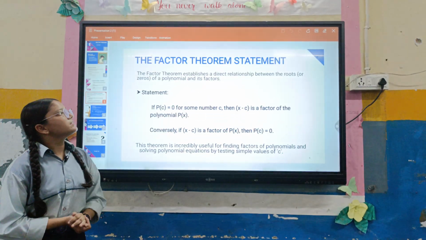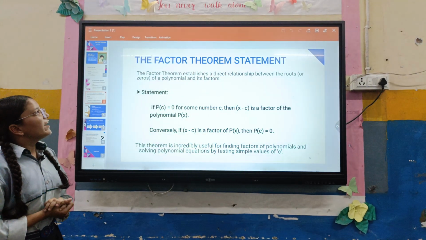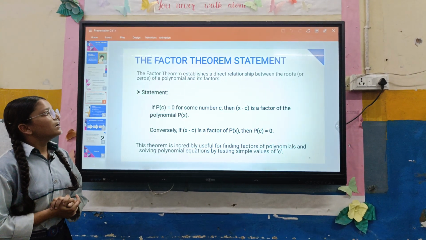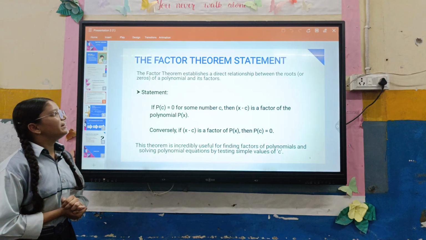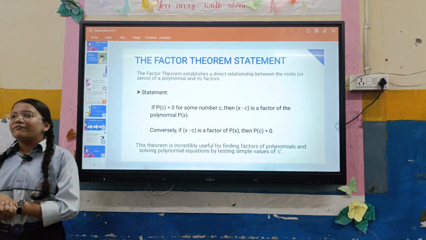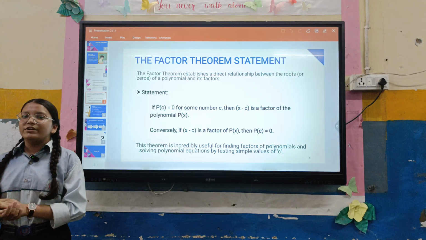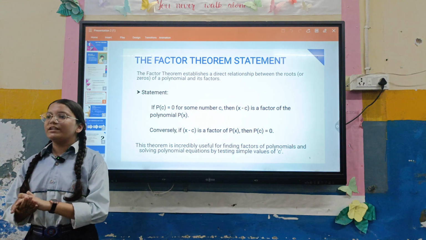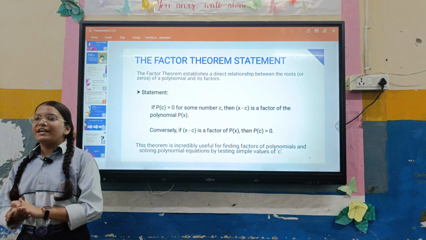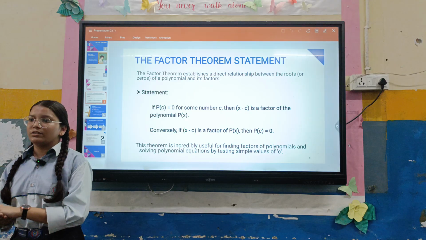Now our main topic is the factor theorem. The factor theorem establishes a direct relationship between the roots or zeros of a polynomial and its factors. Basically, the factor theorem is a theorem in which, when we divide an algebraic expression by another algebraic expression, its remainder will be 0.